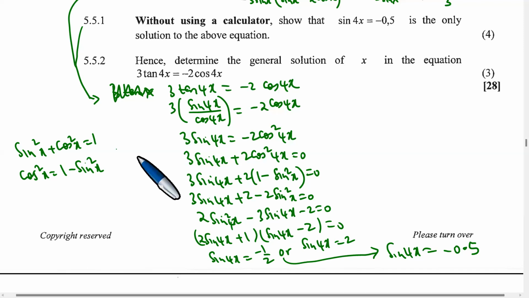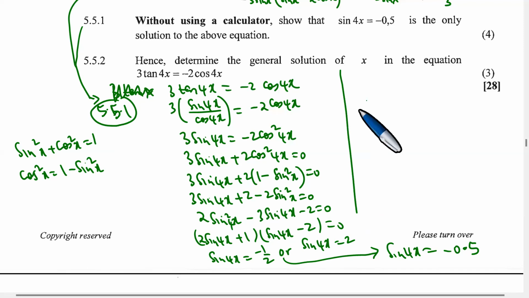So this is the answer to question 5.5.1. That is the answer. We divide the page like this. Then here on the side, we're going to do 5.5.2.